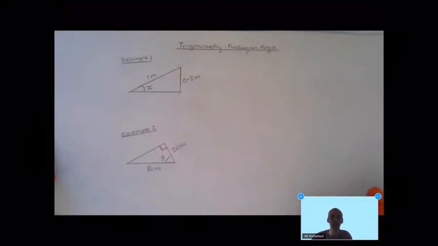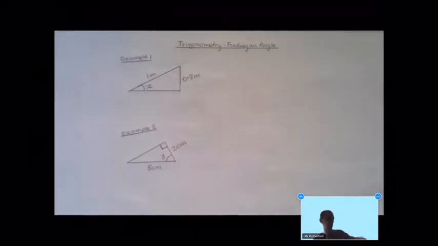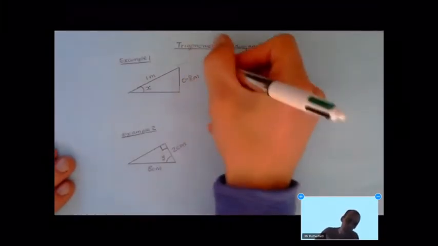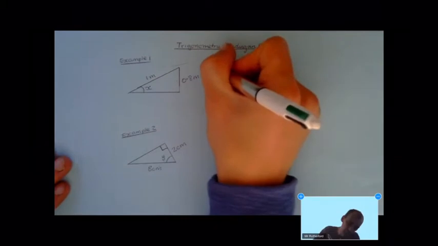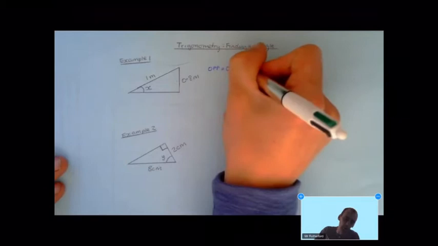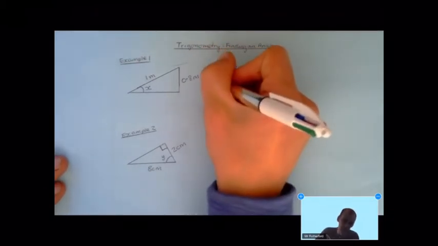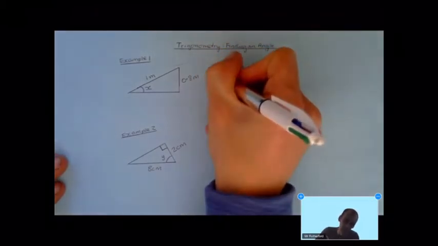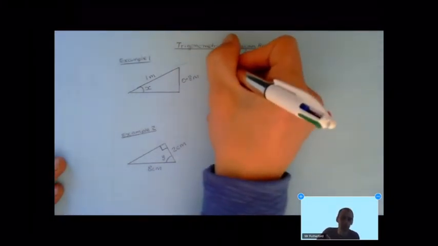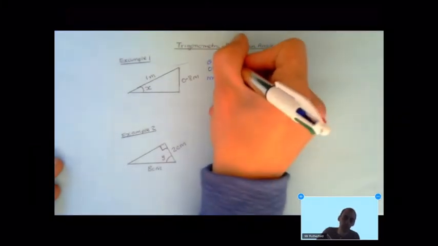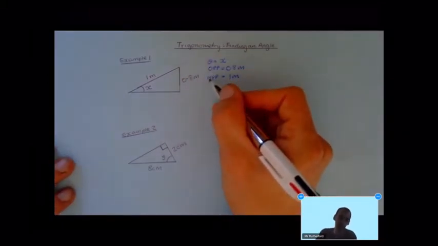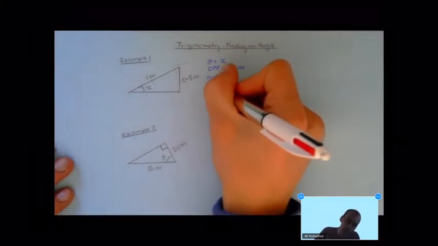Okay, so we are trying to find the angle when we've got an opposite of 0.8, a hypotenuse of 1 metre, and we've got an unknown angle. Okay, so we've got the O and we've got the H, so it's going to be sine.